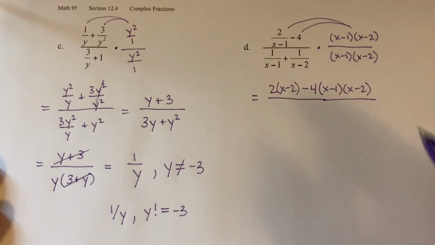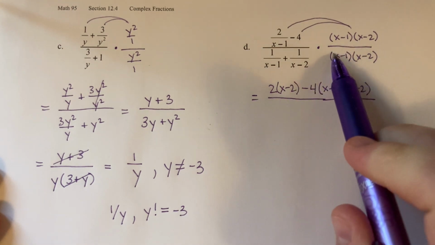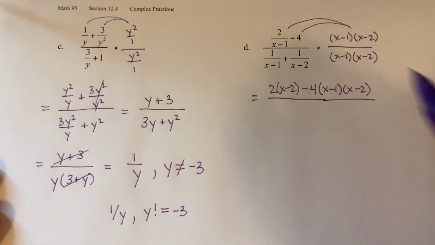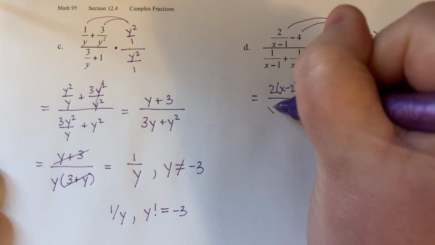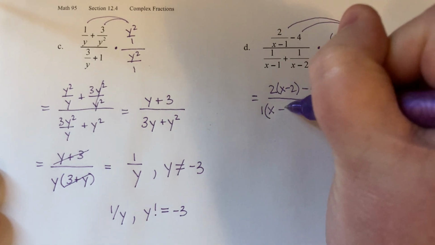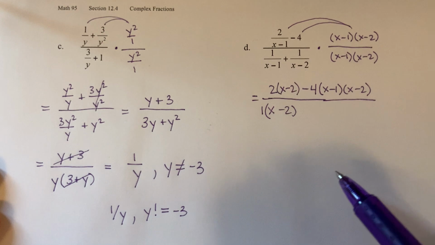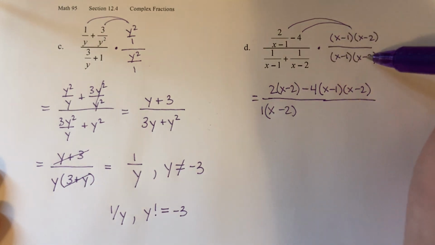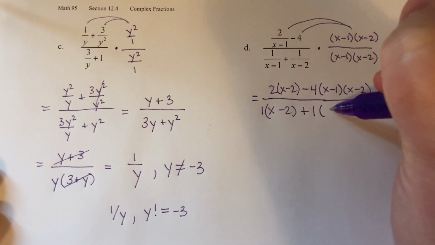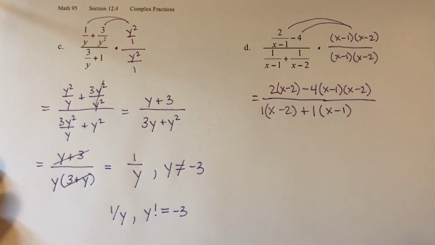There's nothing to cancel on that one. In the bottom, when I multiply these two factors by 1 over x minus 1, the x minus 1s cancel, so I get just 1 times x minus 2. And then in the second fraction, the x minus 2s cancel, so I get plus 1 times x minus 1.